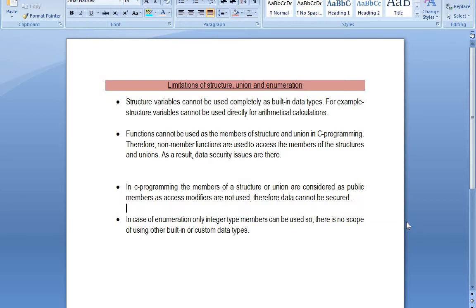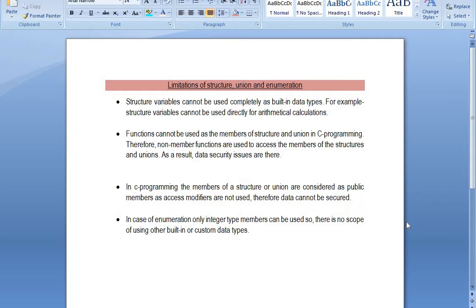Functions cannot be used as the members of a structure and union in C programming. Therefore, non-member functions are used to access the members of the structures and unions. As a result, data security issues are there. So what does it mean? In a structure or in a union we can declare some variables.